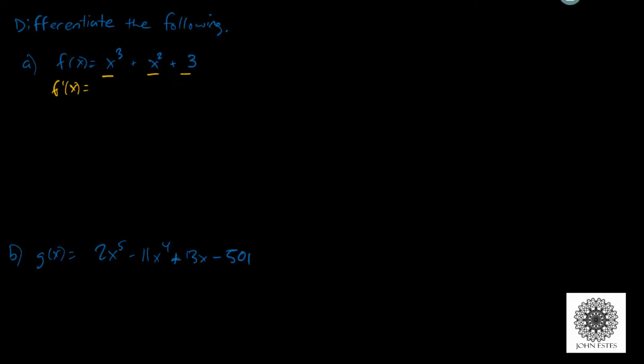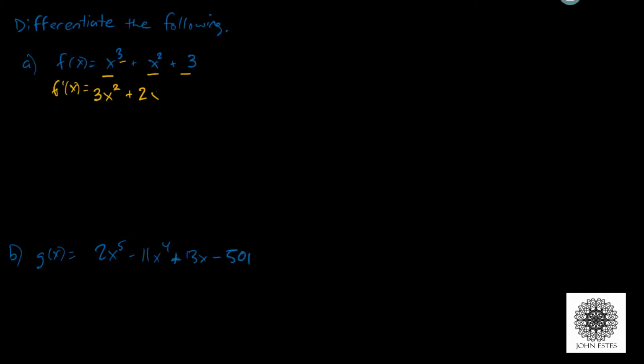Here, for the first one, I'm going to use the power rule, which says multiply the exponent out front. That's going to be 3x, and then I drop this power by 1, so 3 minus 1 is 2. So the derivative of x cubed is 3x squared. Now, for the second term, I have x squared. I just do the power rule again. So I multiply the 2 out front.